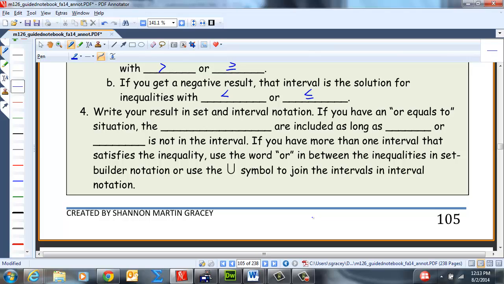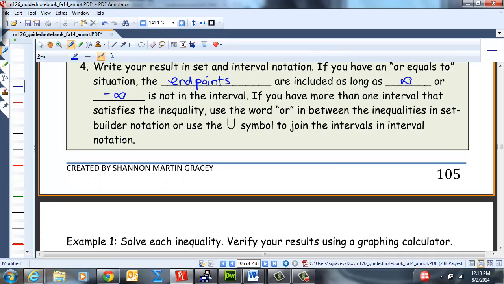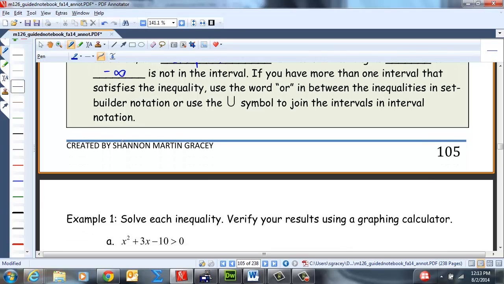If you have an or equals to situation, the endpoints are included unless you get infinity or minus infinity as one of the endpoints. If you have more than one interval that satisfies the inequality, you either use the word or in between the inequalities in set notation, or the union symbol to join the intervals in interval notation.